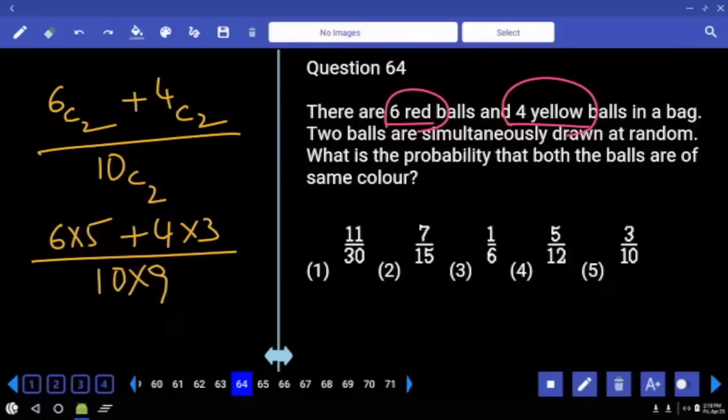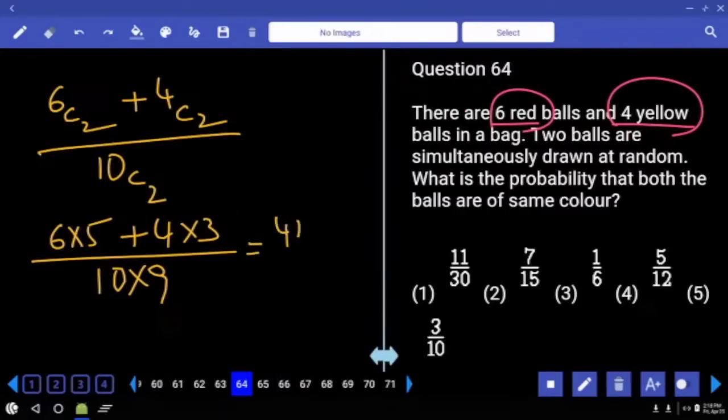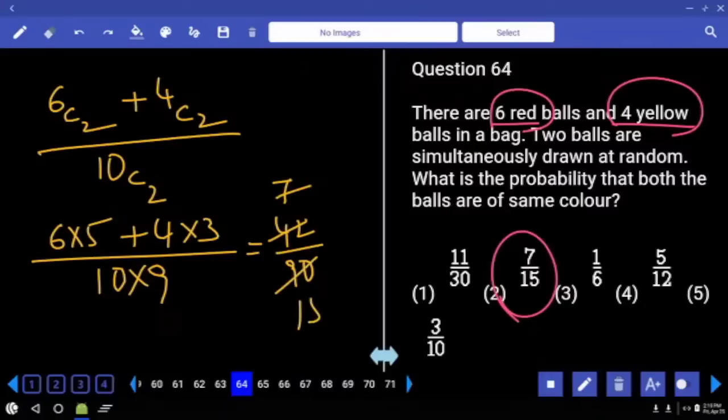Actually in every term you are supposed to write the denominator, but everywhere we have C2, so we don't have to bother about it. This is 30 plus 12, 42 by 90. Yes. Now cancellation with 6, 7 times, there is only one option. Highest common factor is 6 only. So 7 times and then denominator 15.